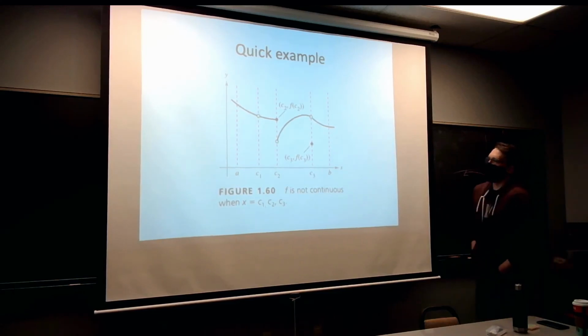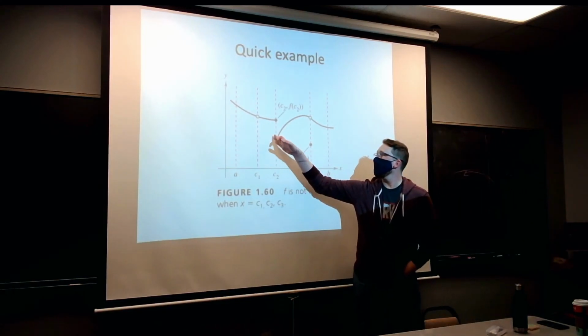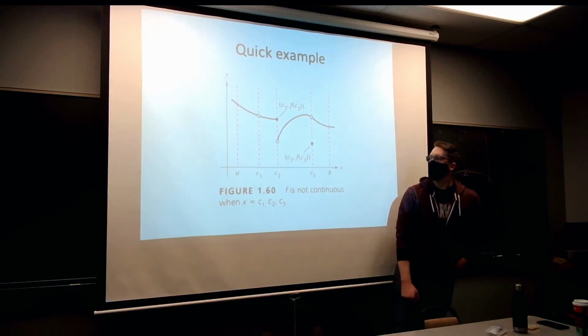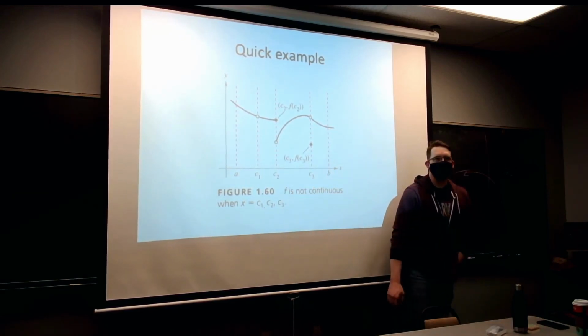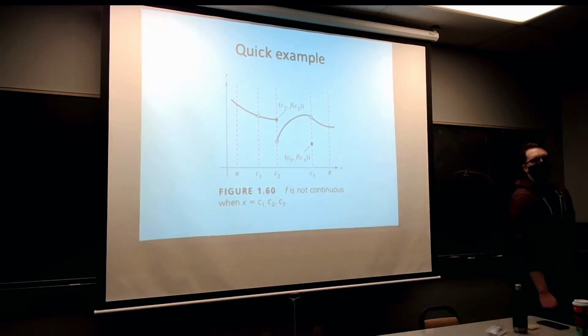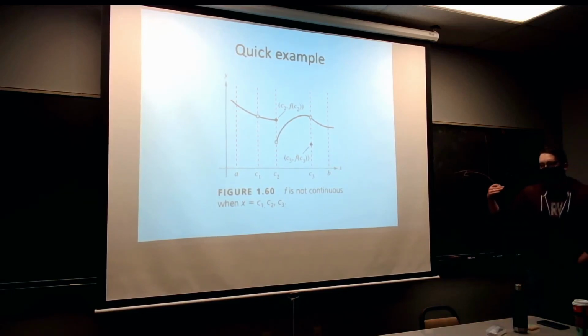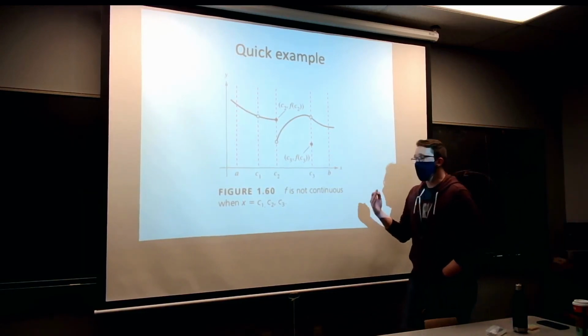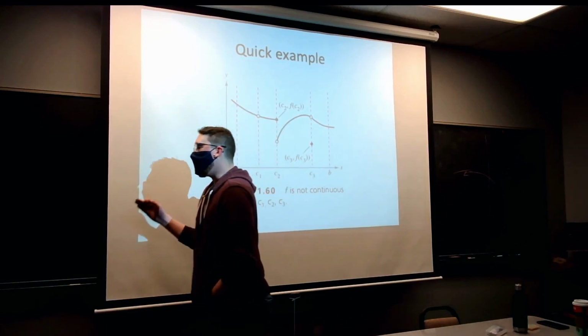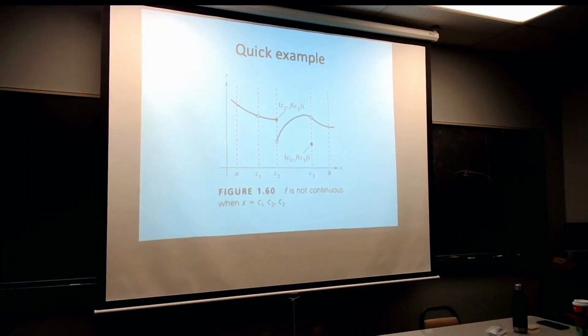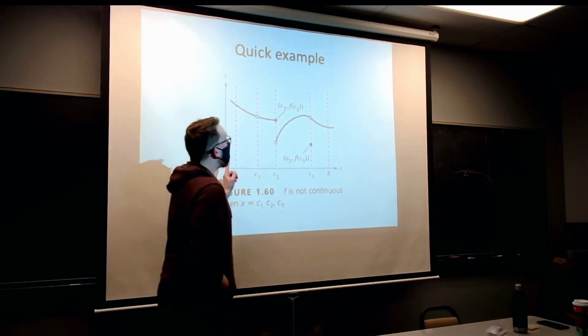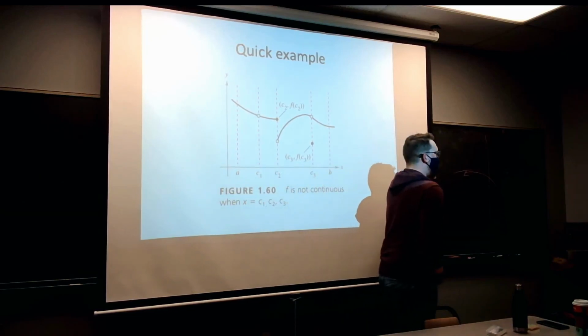In this particular case, here, here, and here, right? But it's continuous everywhere else. So to talk about a function as being discontinuous is to talk about it at points, not on intervals. To talk about it being continuous is to talk about it on intervals, not on points.